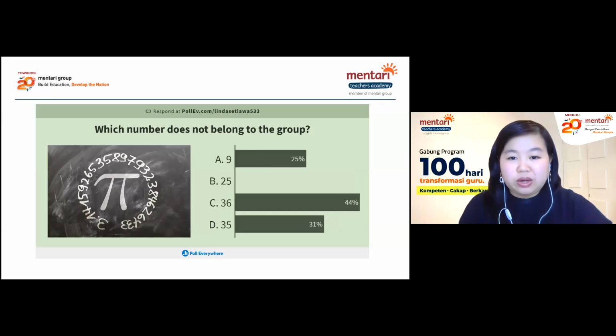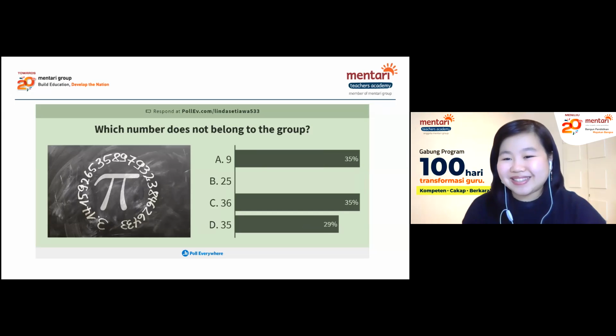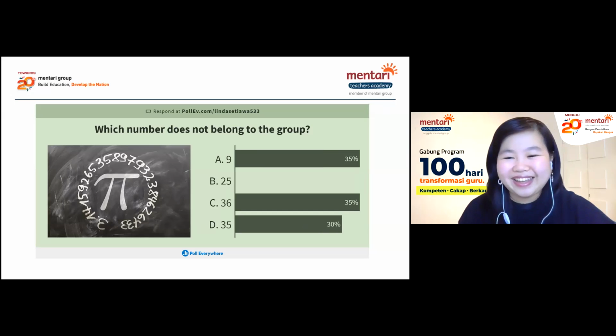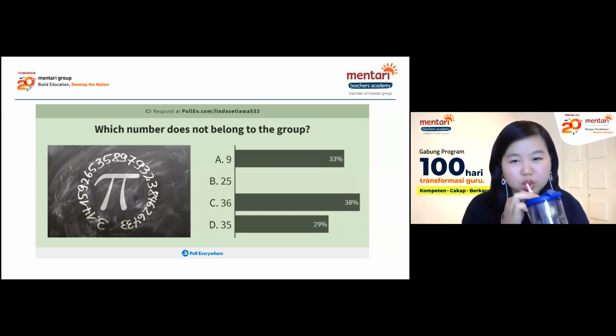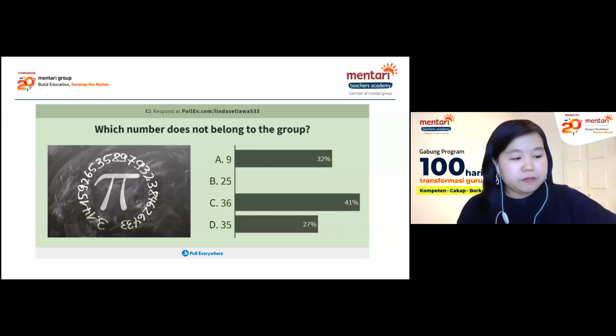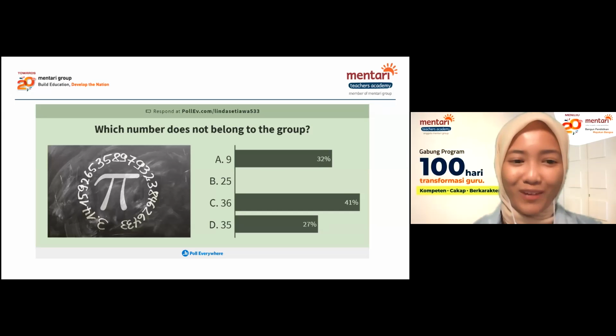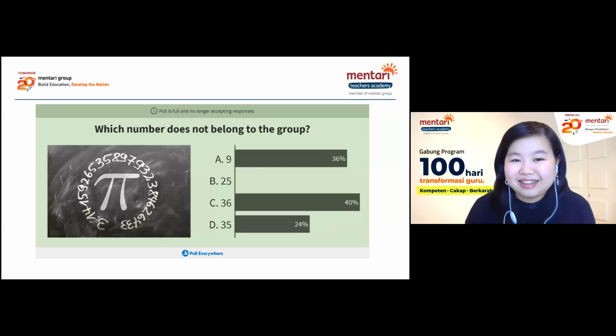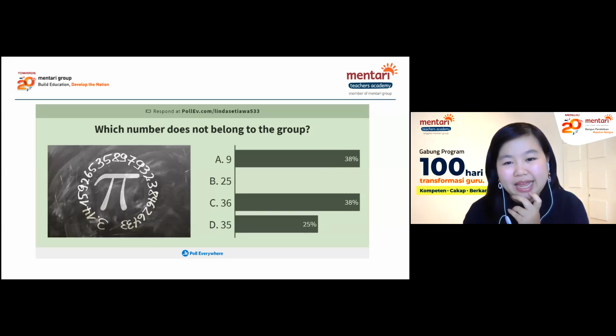As I've said, this is not a typical multiple choice question where you would anticipate one correct answer. So this is exciting because I got to see the percentage keeps changing. It's interesting that no one chose B, 25. Maybe, okay, poll is full. Okay, that's it. That's the end of the poll then.